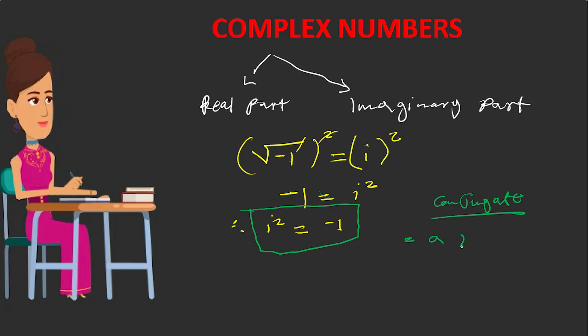The conjugate of this is simply equal to a minus bi, so you just change the sign there, or you can say -a plus bi. The key is just for you to change the sign for one of these.